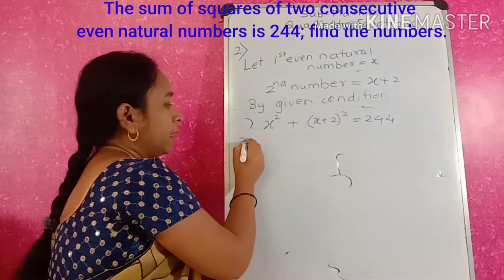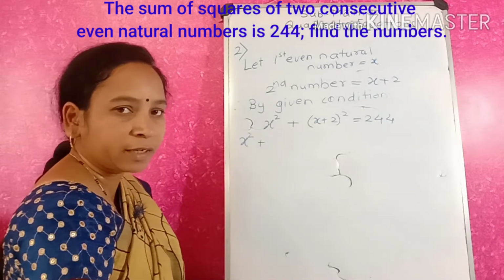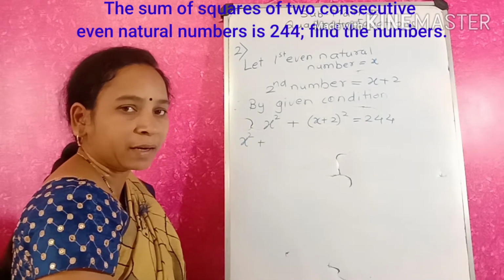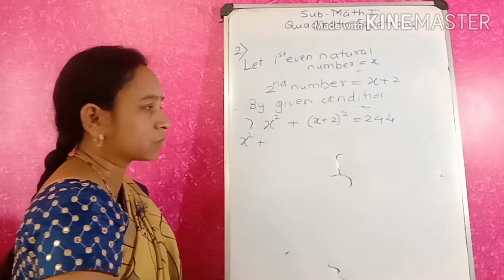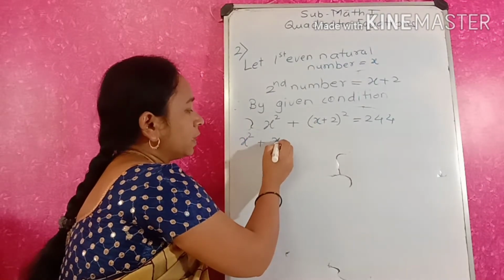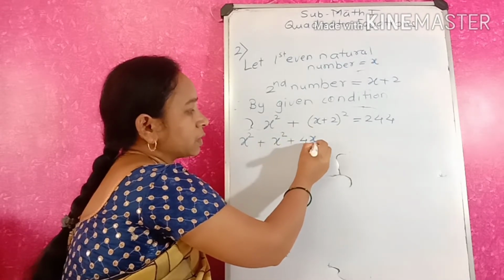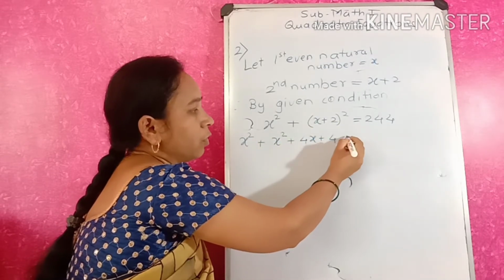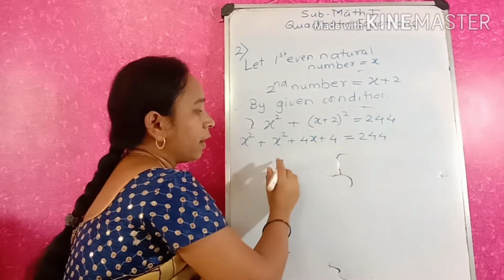Here I'll write x square as it is. This x plus 2 square I will solve by using a plus b bracket square is equal to a square plus 2ab plus b square. So use it here. So you will get x square plus 4x plus 4 is equal to 244. What I have used here?